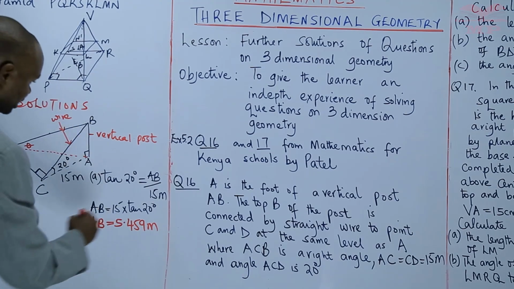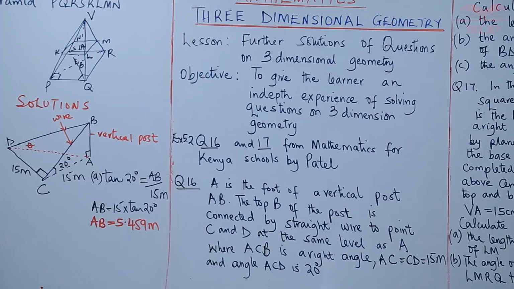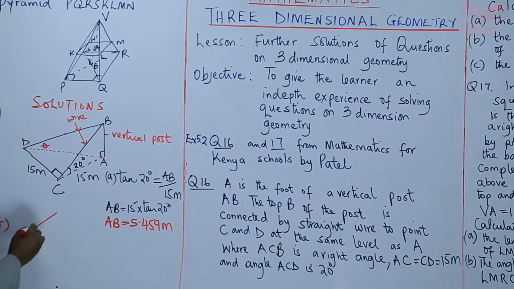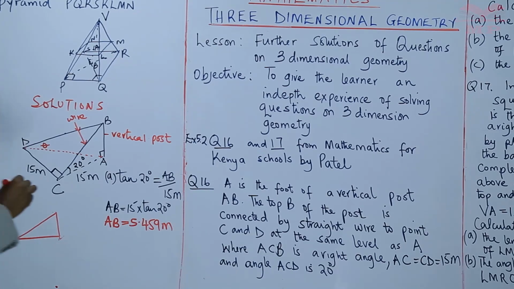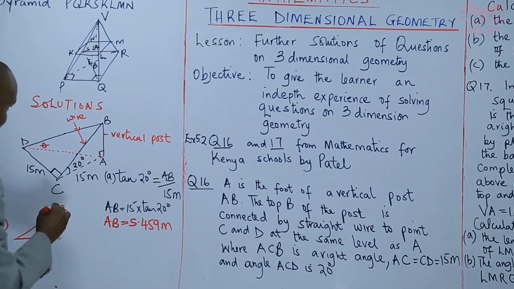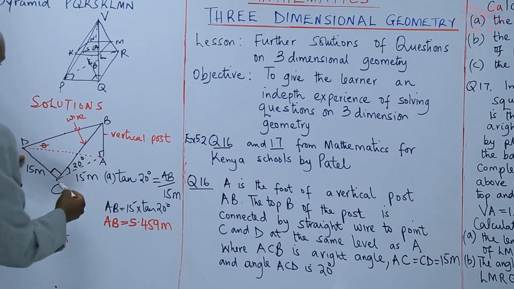I already know BA, so you'll come to B and extract your right-angled triangle. I know I have BA, but DA I don't have. But I know this is a right angle, so I'll get it from triangle CDA.